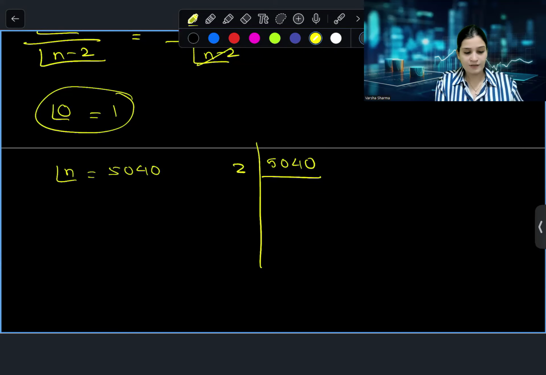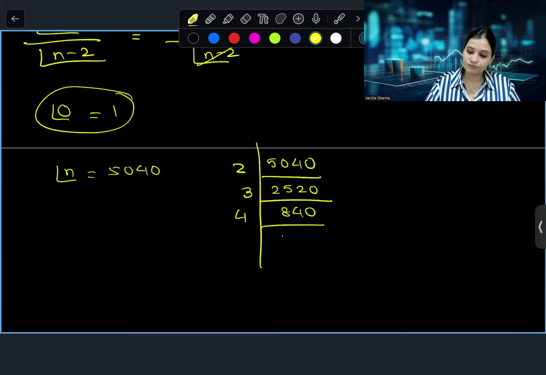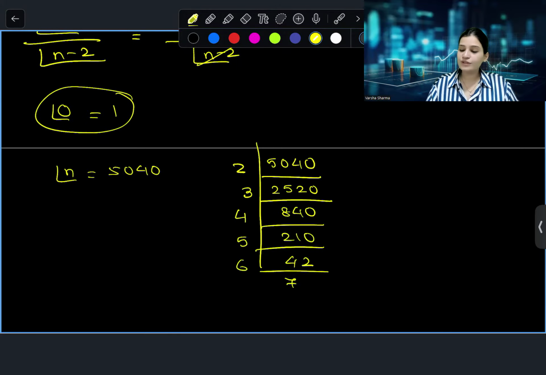Then divide by 3, then by 4, then by 5, then by 6, in serial order. So we get 2, 3, 4, 5, 6, 7, serial order. The largest number is 7. So this is basically 7 factorial. We can compare and write that n is equal to 7.